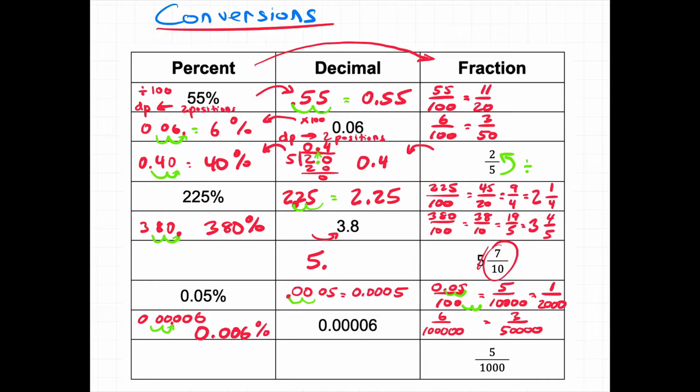So this is just going to be 5.7. Now we're going to take that decimal that we have, 5.7, and change that to a percent, again, by moving the decimal place 2 times to the right, which is like multiplying by 100. So in this case, we're going to end up with 570%.